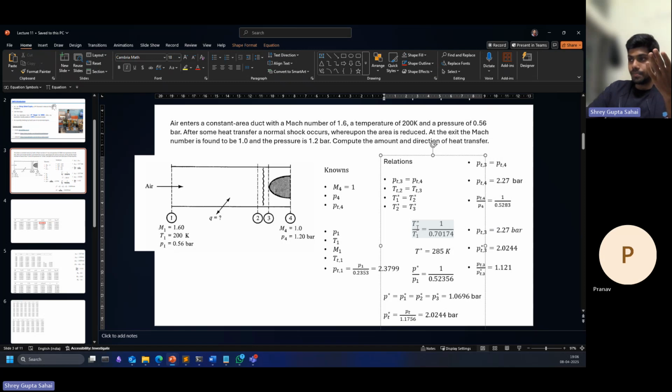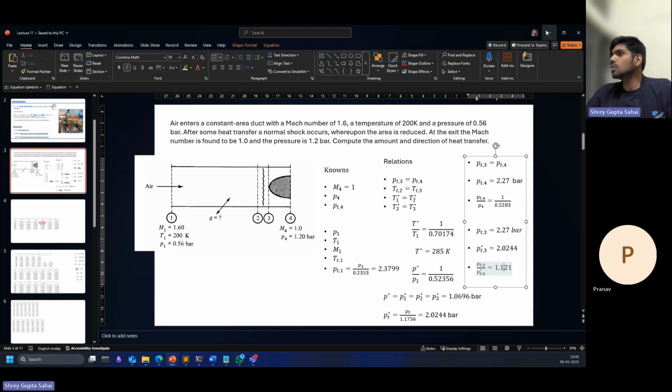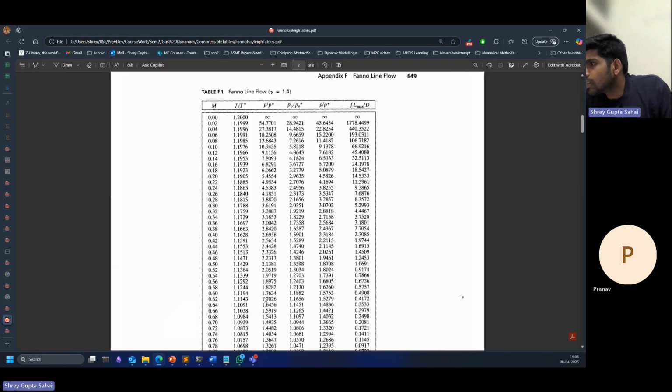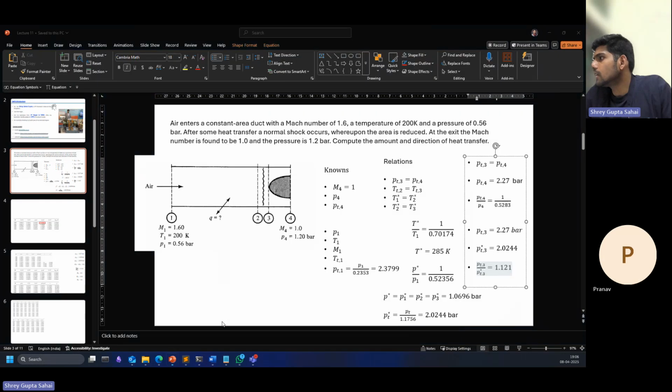We use the temperature quantities to solve for it. So corresponding to a value close to 1.21, we are getting a value of 0.58 or something close to 0.6, right? So I'll just assume Mach number is 0.6.